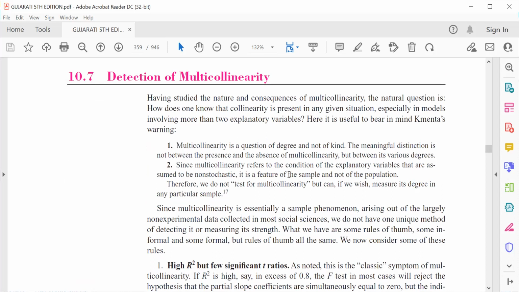Since multicollinearity refers to conditions of explanatory variables that are assumed to be non-stochastic, it is a feature of the sample, not the population. This is a sample problem, not a population problem. Therefore, we do not test for multicollinearity, but can, if we wish, measure its degree in a particular sample.